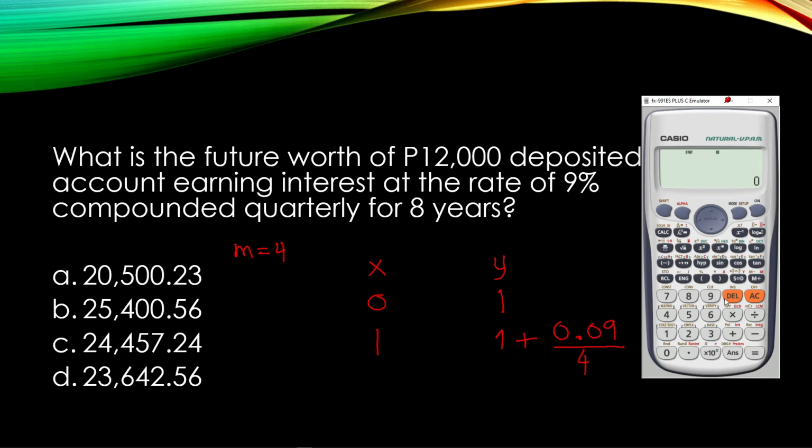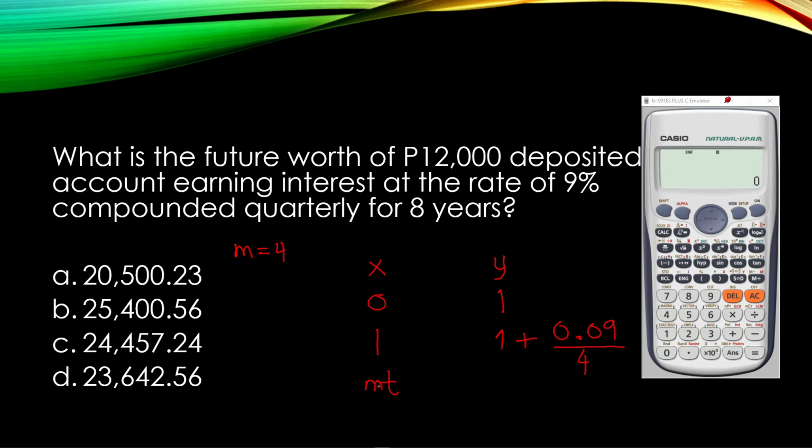And then, yung hinahanap natin is for 8 years. So, remember that our X is, ito yung ilang period siya na interest. So, probably this would become M times T. Diba? Remember that MT yun? Okay.